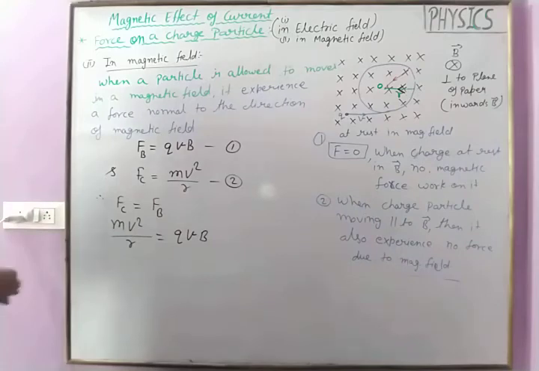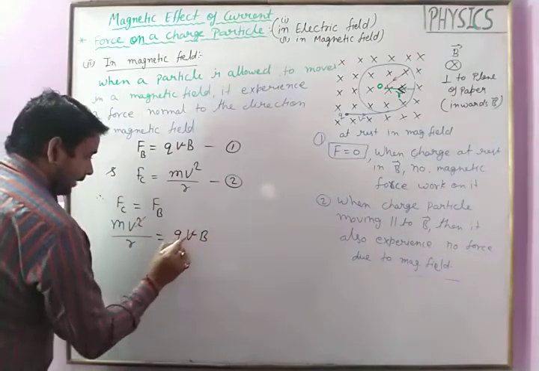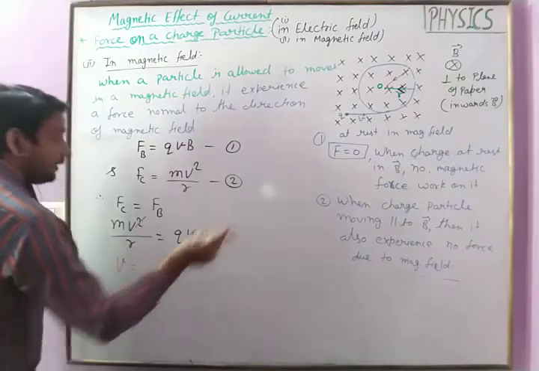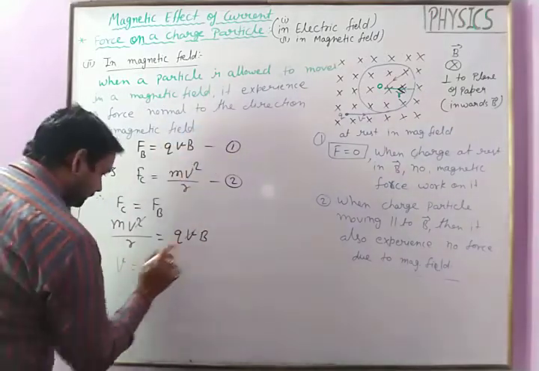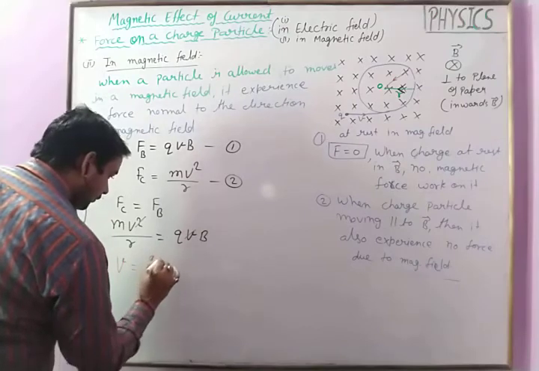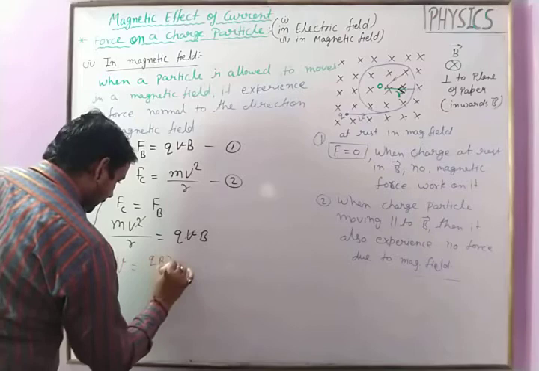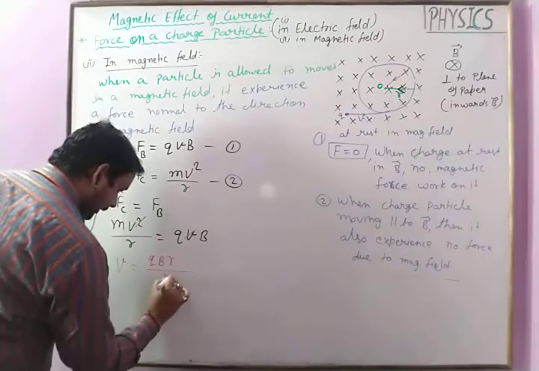Now we cancel v on both sides, so we get the velocity of the particle in the circular path as QBr upon m.